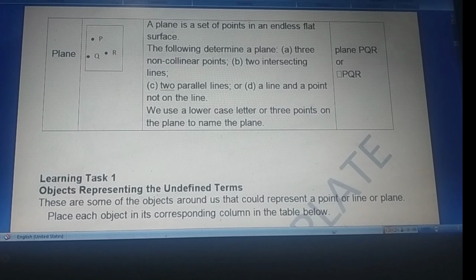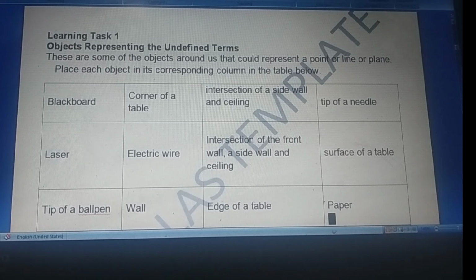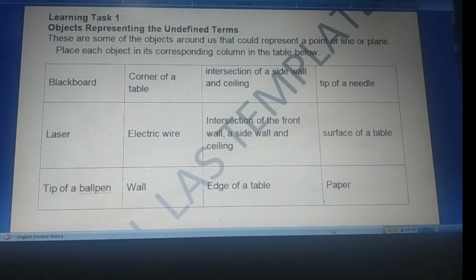Now, I think you're ready to perform learning task number 1, wherein you're going to identify the objects representing the undefined terms. Kindly refer to your learning activity sheet that was given last week.